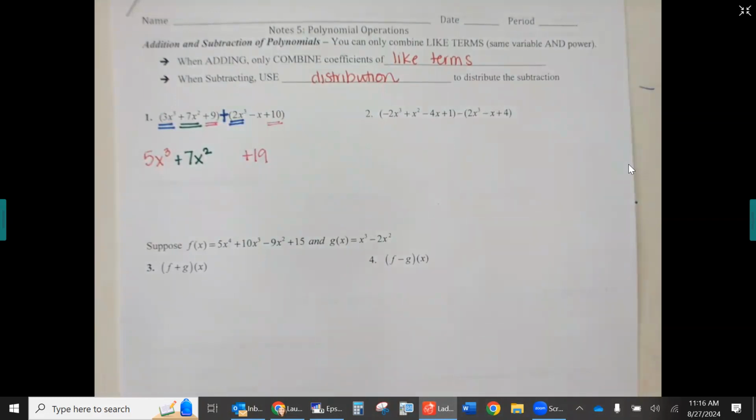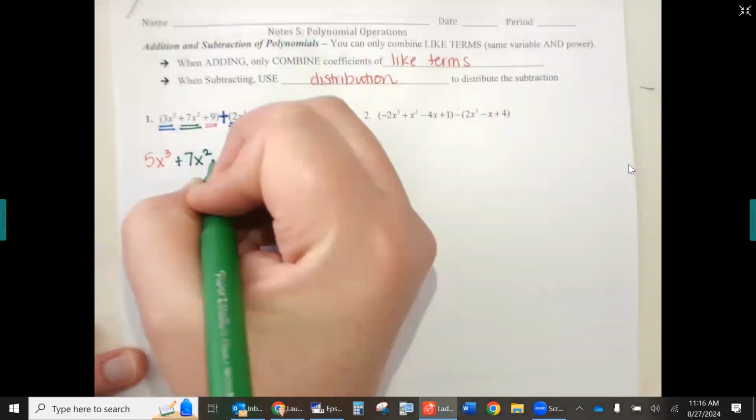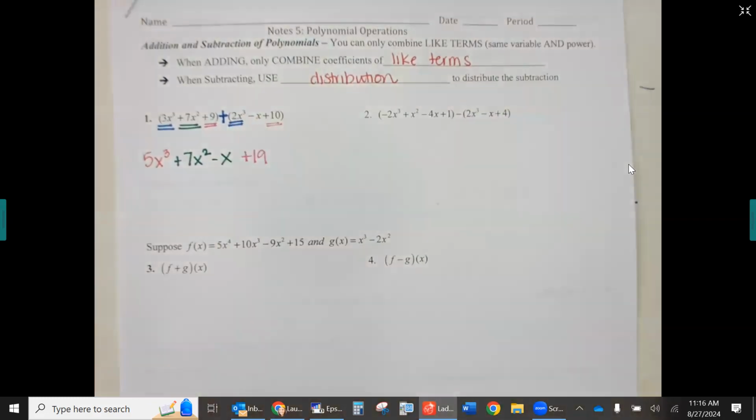Is there one? No. Then I would just keep that term the same. So my minus x would stay just like this. You cannot add the 5 and the 7 together because they have different x's with them. This is an x cubed, that's an x squared, then they can't go together, you're done.